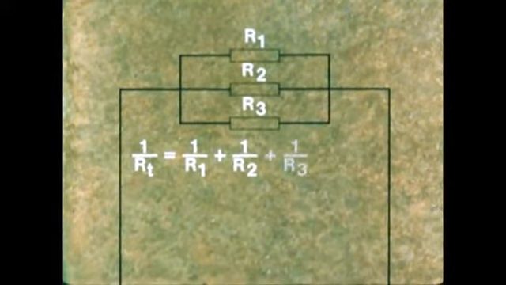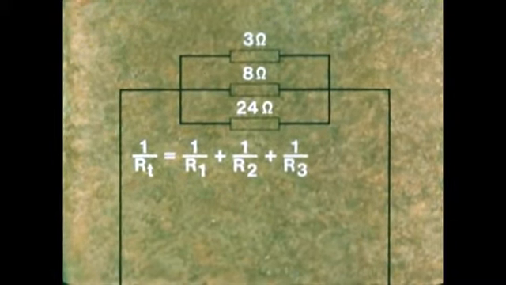And in fact, to calculate RT, we can't just add resistances together as we did with a series circuit. We have to use a formula. The formula is 1 over RT equals 1 over R1 plus 1 over R2 plus 1 over R3.